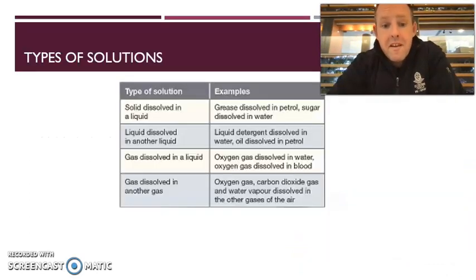So in terms of the states of matter that can actually form our solutions, there's four combinations that we commonly deal with. We've mostly talked about, and you'd probably be most familiar with, solids dissolving in liquids. Liquids can dissolve in other liquids though. So for instance, if you've added dishwashing detergent or laundry detergent to water, that's an example of a liquid dissolving in another liquid.